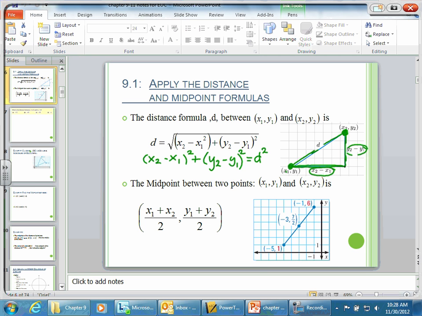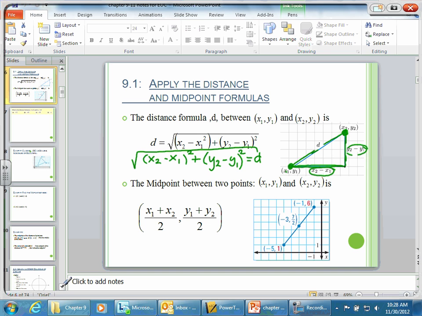And then to solve, I have to get rid of this square with the d, the hypotenuse, so I would have to square root plus or minus to get rid of the square. However, since distance can only be positive, I'm only going to take the positive of this. And that's how you get the distance formula.